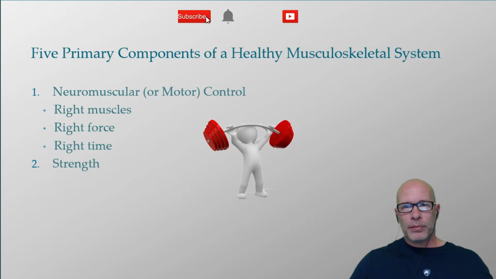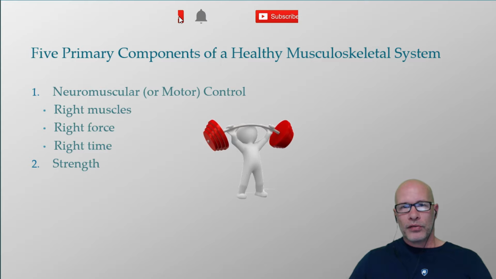Another component of a healthy musculoskeletal system is strength. The weaker we are, the more at risk we are for injury, joint pain, or other musculoskeletal issues. But since force is a subcomponent of motor control, and the stronger we are, the more force our muscles can produce, strength is not only a component of a healthy musculoskeletal system in and of itself, but it's also a subcomponent of motor control.